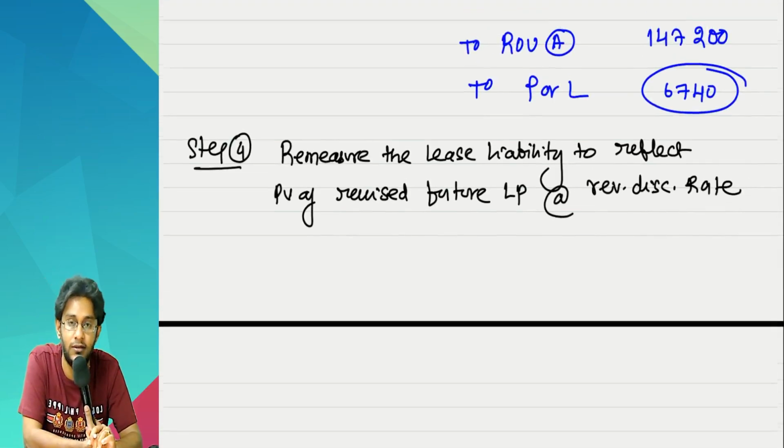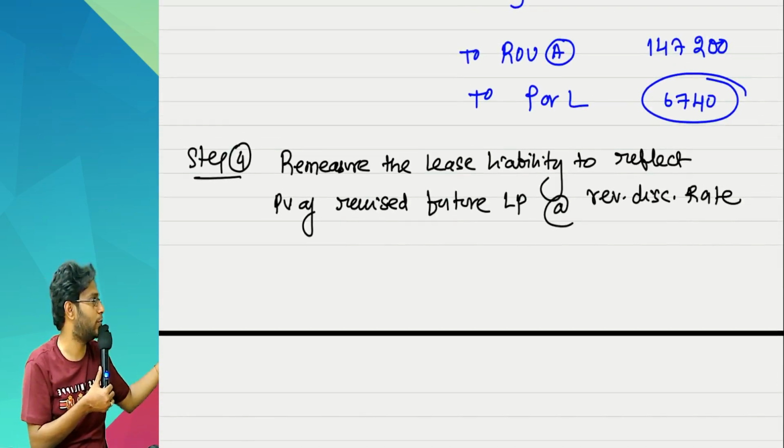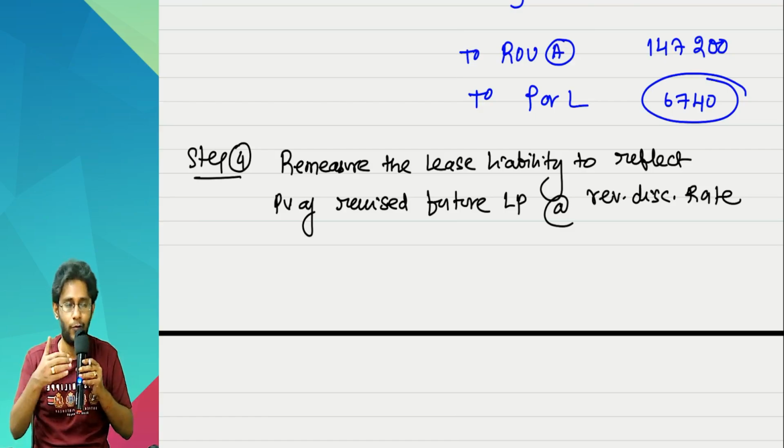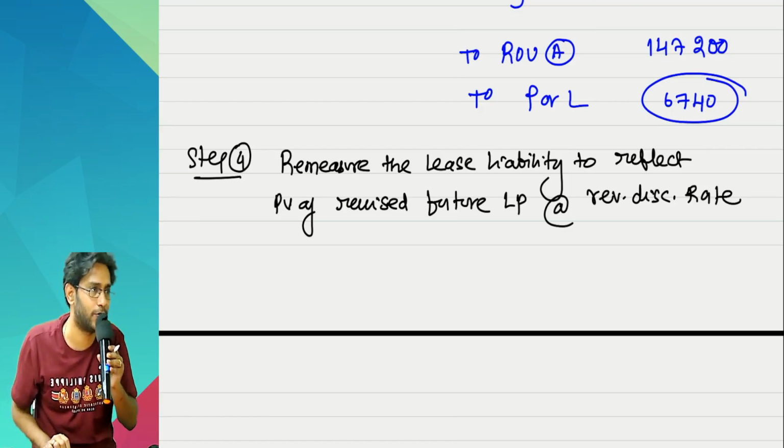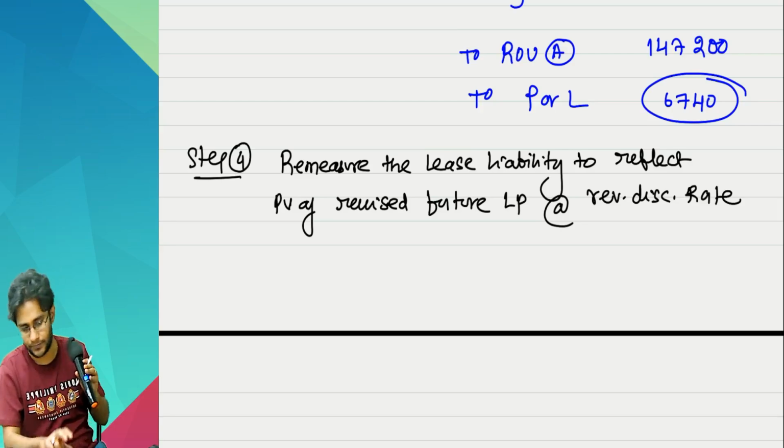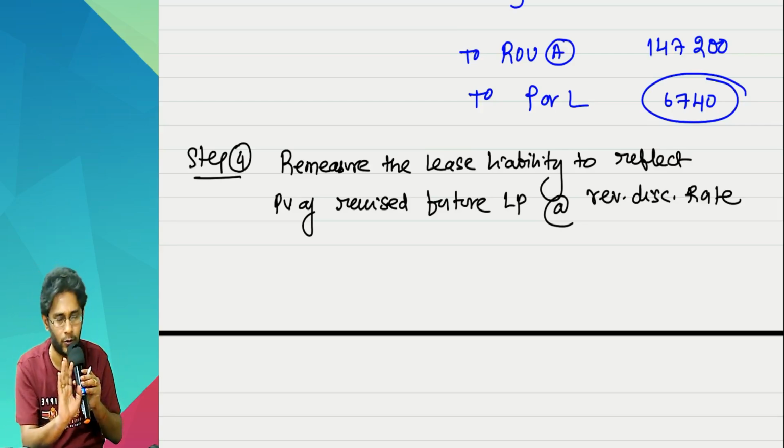Forget about the increase in scope. If you want, you can increase the scope here also. You can do that. I want you to do it separately because I want to show you something towards the end. If you do it here also, the answer will be correct only.